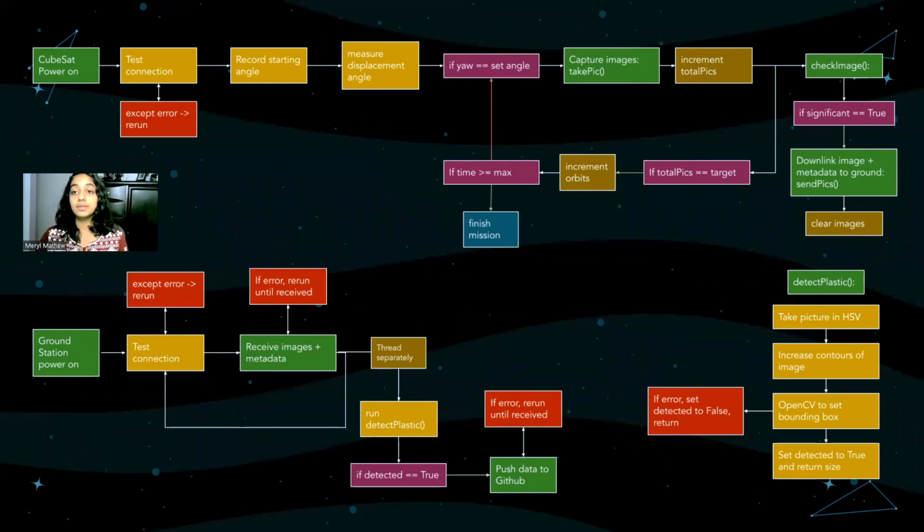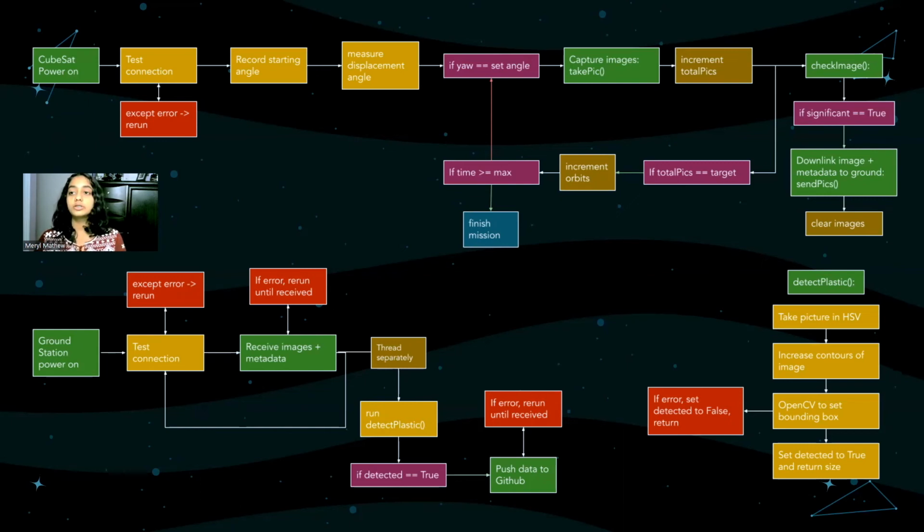If the displacement angle, the yaw, is equal to the set angle that we have to determine experimentally, it'll start capturing pictures with the function that we determined, take pic. It'll increment the number of pics we've taken, and we'll do a basic pre-processing function to determine if the image is significant. That includes detecting maybe large objects, or just determining that the image is of the ocean and it's not empty and it's not blurry.